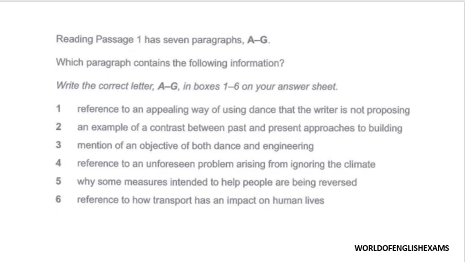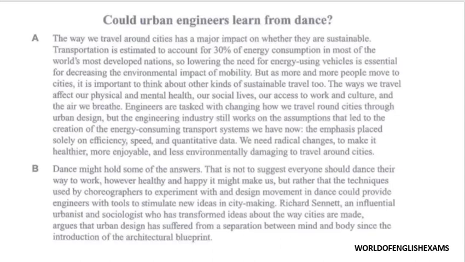The first one, appealing way of using dance that the writer is not proposing. Somebody else is talking about that. Or objective of dance and engineering. Let's read it clearly. This is not to suggest means the writer is not suggesting it.